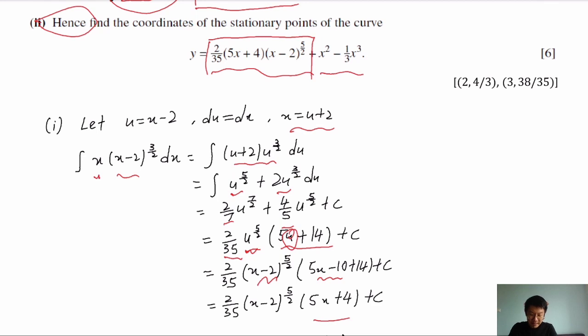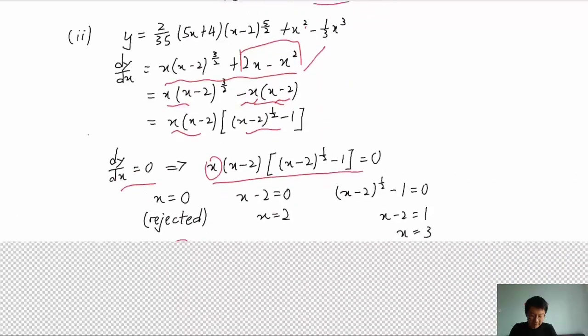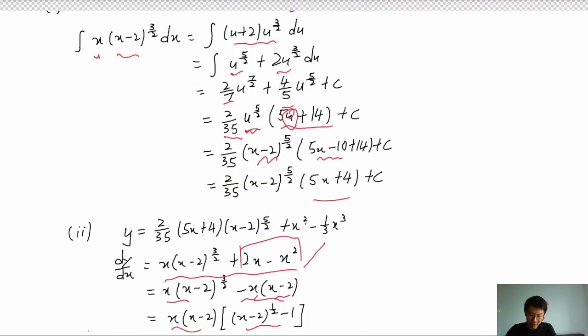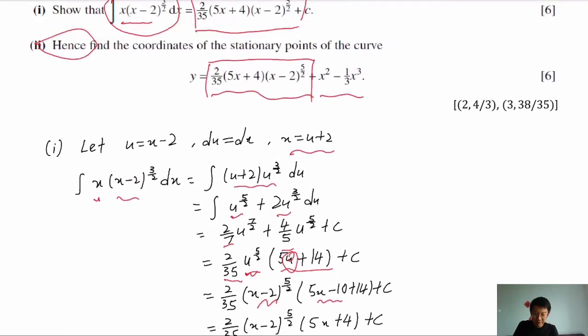In that case, we will only take the two values where x is equal to 2 and x is equal to 3. We cannot take the value x equal to 0. Again, what is the reason? If you look at this equation here, if you have x equal to 0, we are trying to find the root.